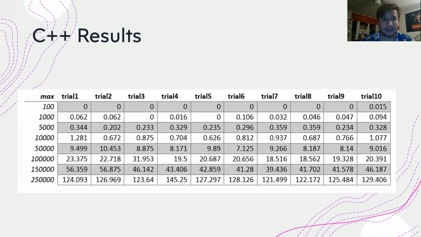So I did my analysis, and these are the C++ results. As you can see, I did 10 trials of each of the inputs, and these are the results. As we can see, obviously it increases as it goes. That makes sense.